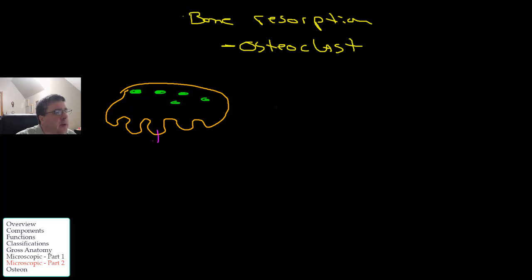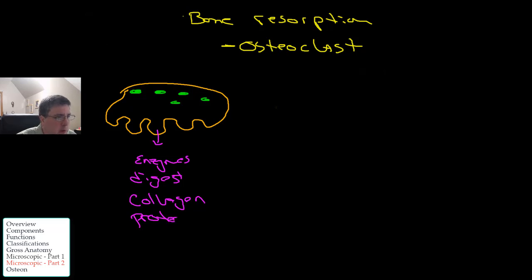This will actually secrete enzymes that digest the organic component, which the organic component of the matrix is going to be the collagen and proteoglycans. So that will digest the collagen and proteoglycans.